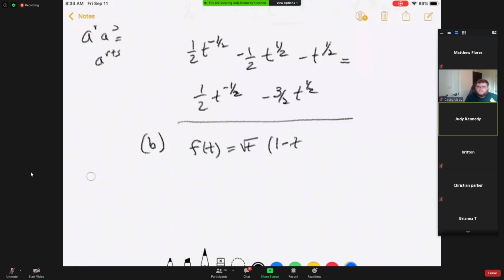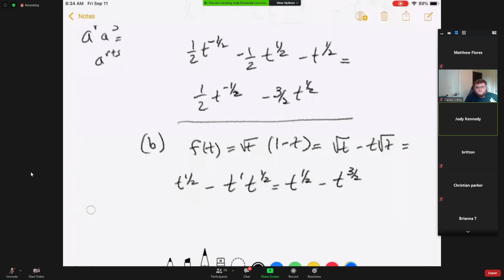Well, that is equal to the square root of t minus t times the square root of t. And if I change that to the exponential notation, that's t to the 1/2 minus t to the first times t to the 1/2, which is t to the 1/2 minus t to the 3/2. Okay. So I've written my function in a different way. I have not changed it.